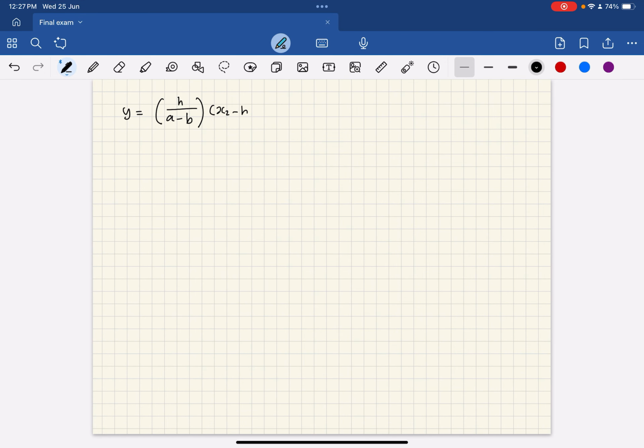If I rearrange the equation, I get a minus b over h, y equals x2 minus b. So x2 is equivalent to a minus b over h, y plus b. That's your equation for x2.